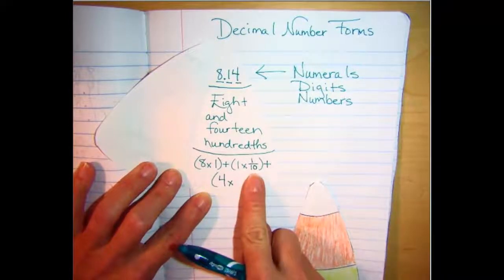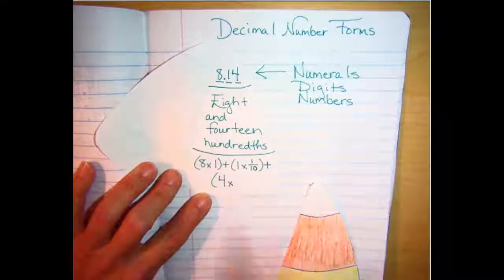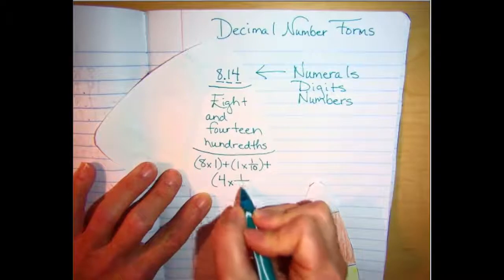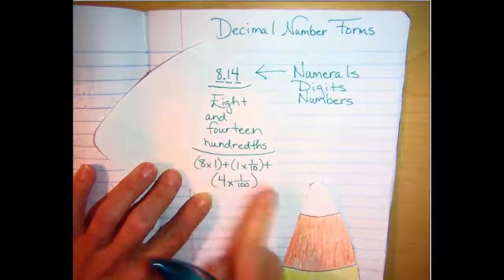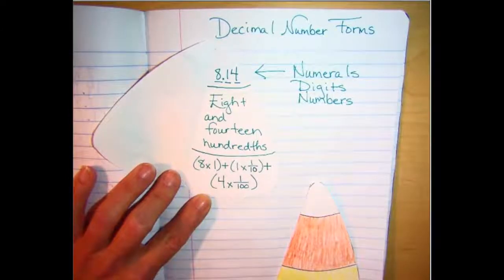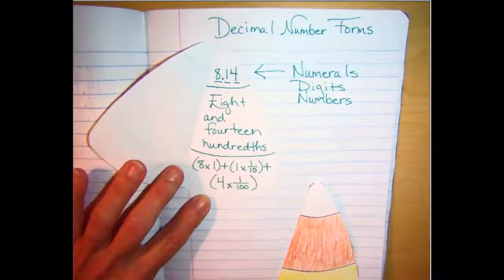I'm using fractions. 4 times 1/100. Do you guys see how I broke it out and I'm using fractions for each of these little sections? Yes. Okay, this is one way you're going to see it.